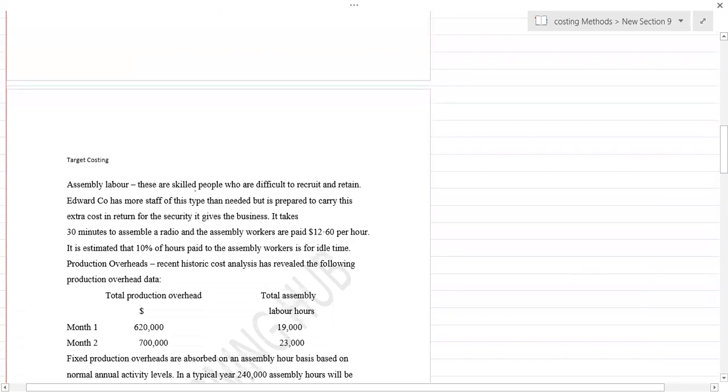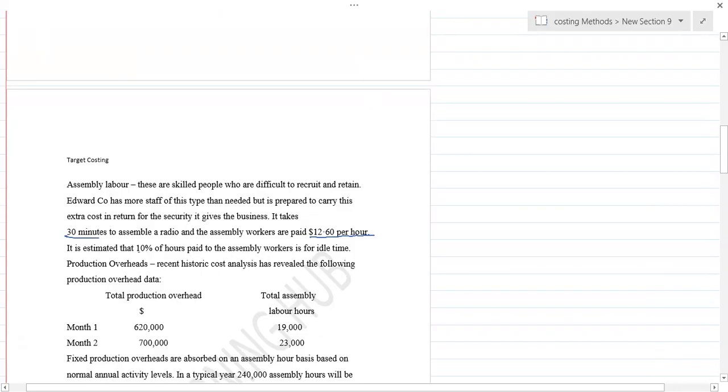Assembly laborers, these are skilled people who are difficult to recruit and retain. The company has more staff for this type than needed, but is prepared to carry this extra cost in return for the security it gives the business. It takes 30 minutes to assemble a radio, and assembly workers are paid 12.6 per hour.